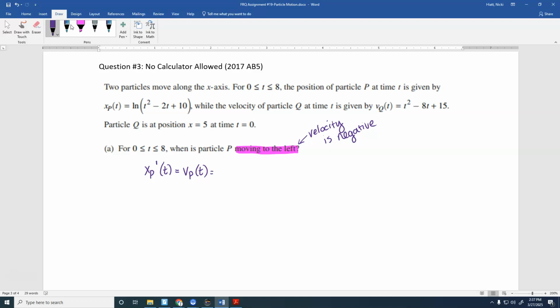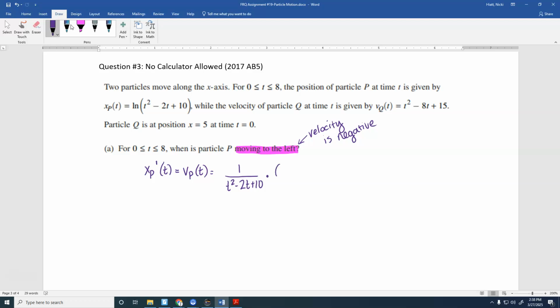And so, what do I get when I take the derivative of a natural log? Good. 1 over what's in the natural log, t squared minus 2t plus 10. Anything else go with it? Multiply by the derivative of the inside, because it's going to be a chain rule there.